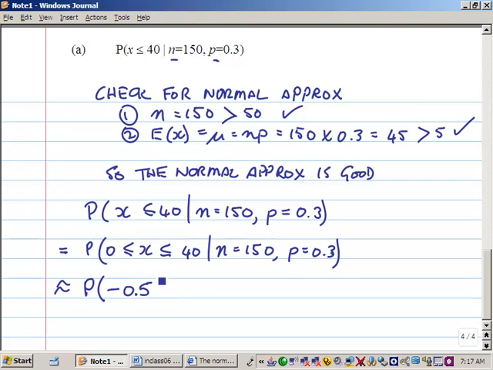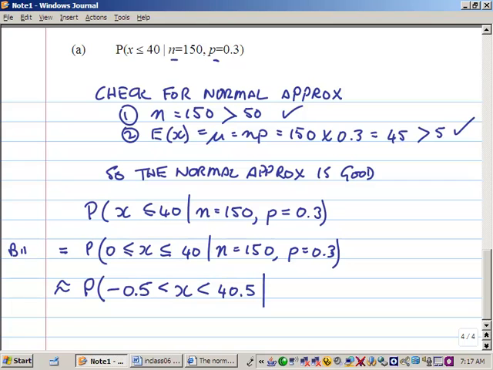The next one will go from 0.5 to 1.5, etc. And that equal sign is not necessary when we go to the normal. And the top bar will go from 39.5 to 40.5. So those are the limits we're going to use on the normal.